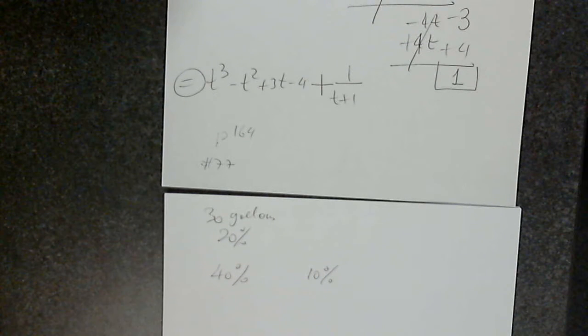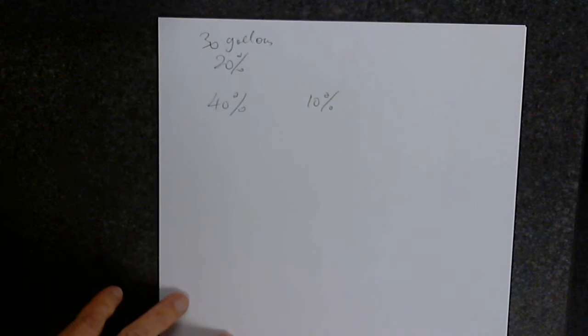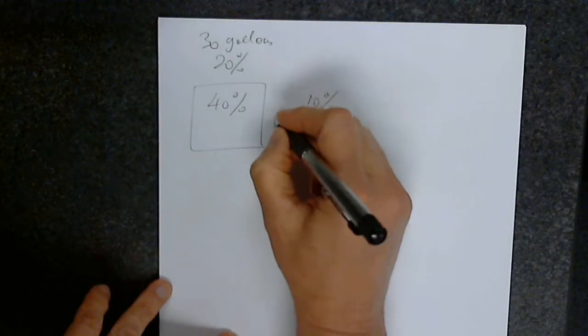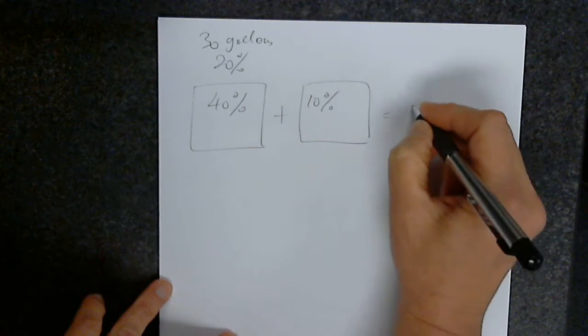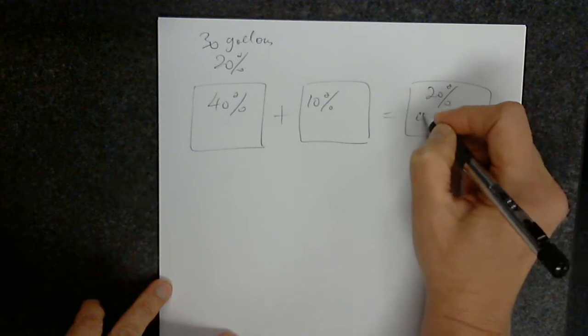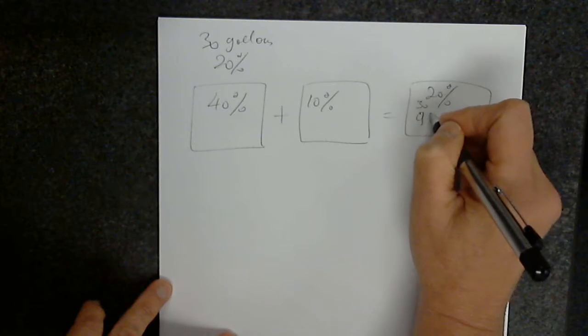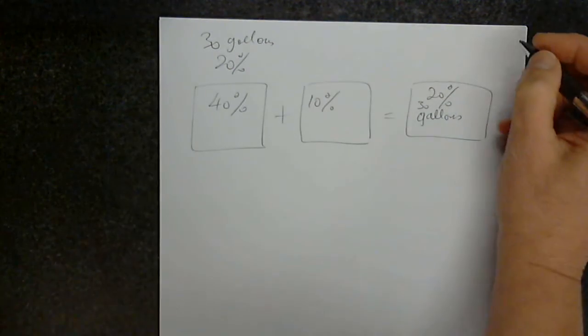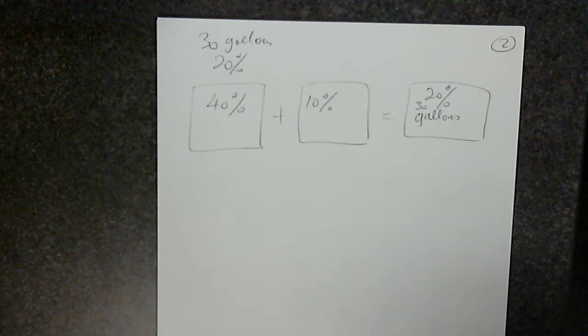How much of each should be mixed to form the needed solution? So we want to mix these and get 30 gallons. This is what we want to do. How do we do it?